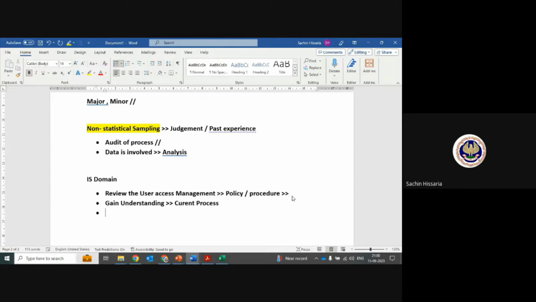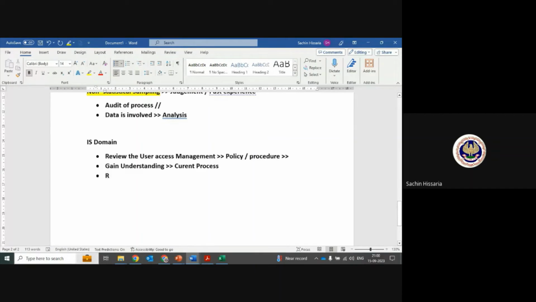After understanding this process, I will ask for the list of employees who have left the organization during the audit period. After getting this data, I will compare it with the application deletion evidences or disable evidences.